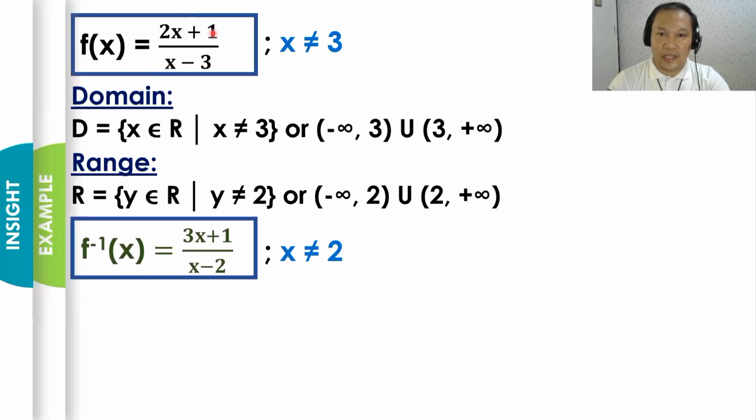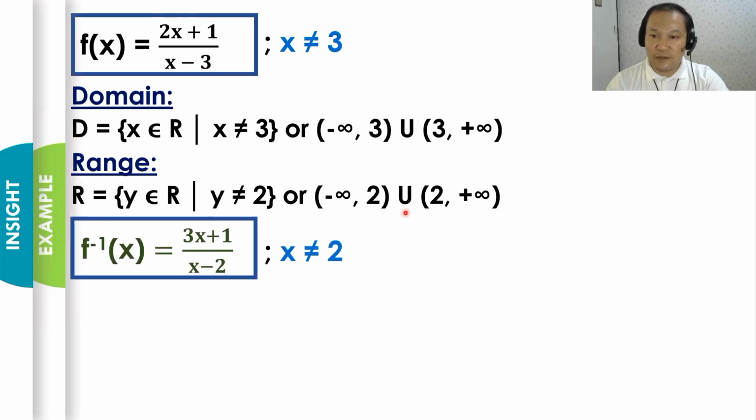Since the degree of the numerator and denominator is the same, we get the quotient, which is 2 divided by 1 using the leading terms of the numerator and denominator. Therefore, the answer is 2, so 2 will be excluded as an output for y.